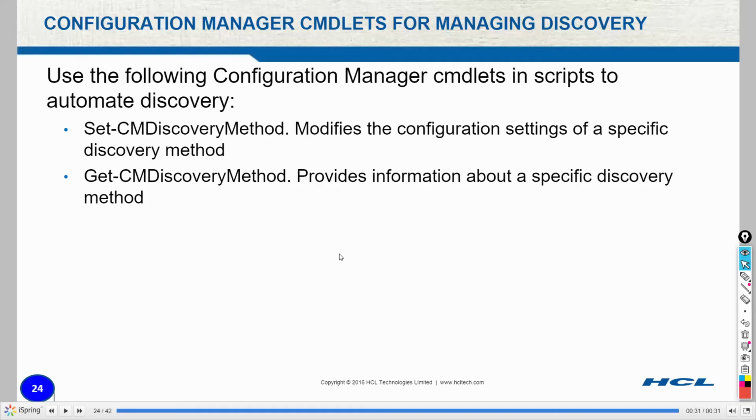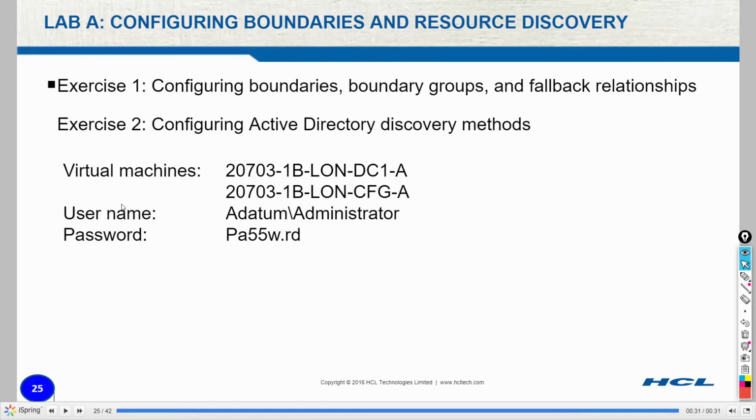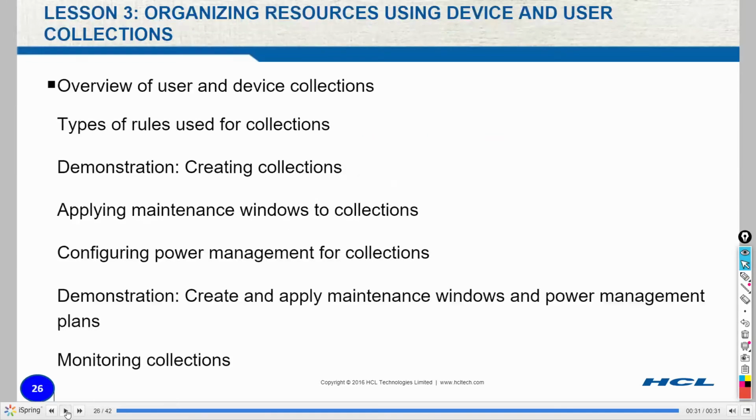But we'll just move ahead. We have already created boundaries, boundary groups and fallback relations, and done Active Directory discovery methods also. Now we'll start organizing resources using device and user collections.